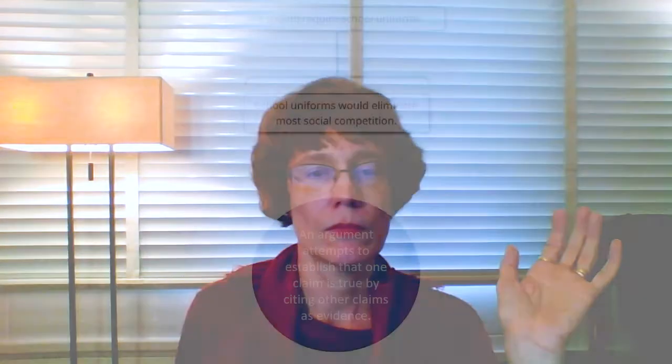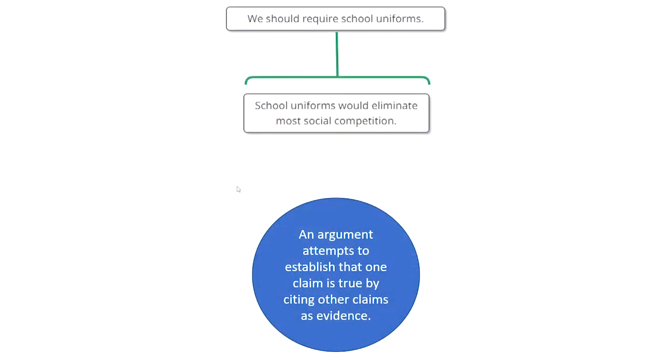So, for example, here's an argument. We should require school uniforms because school uniforms would eliminate most social competition. Now, you might never have seen an argument presented like this. This is actually an argument map, and argument maps are fantastic because they expose the structure of an argument.